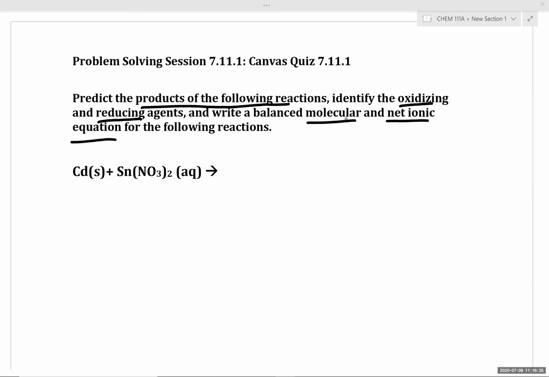And don't be shy to message me your proposed responses for the chemical equation for this reaction and whether or not a reaction occurs.